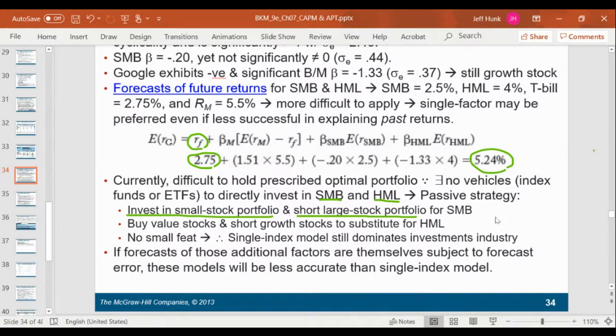That's another way we can operationalize this variable.